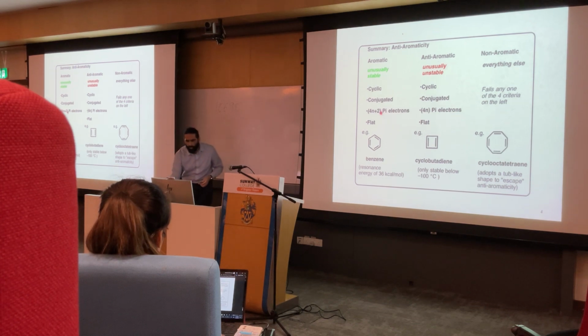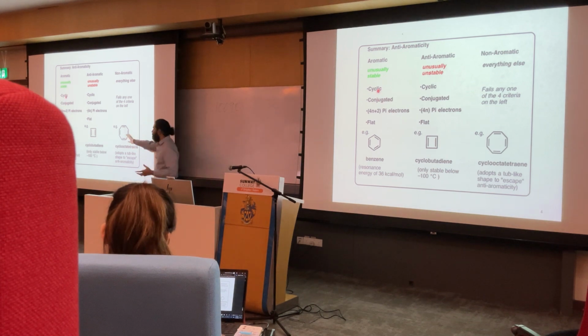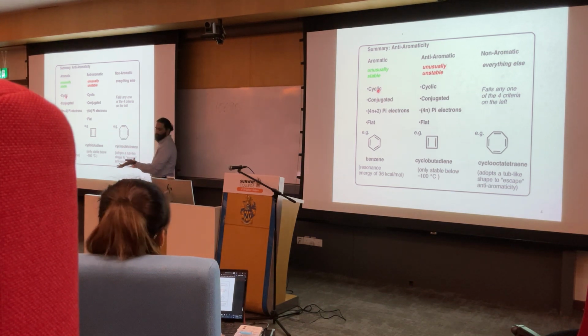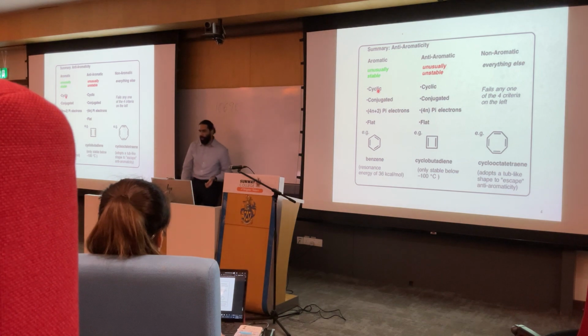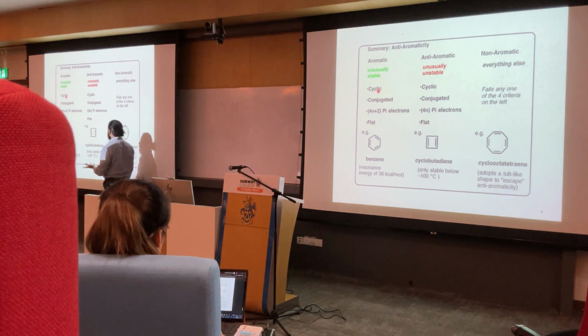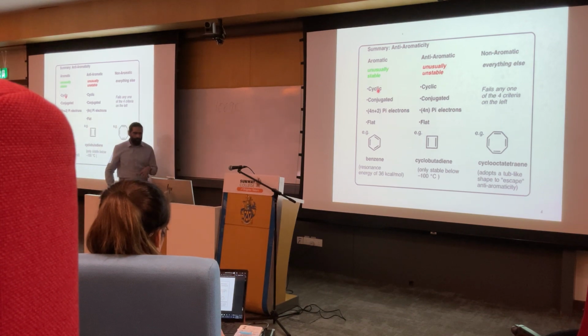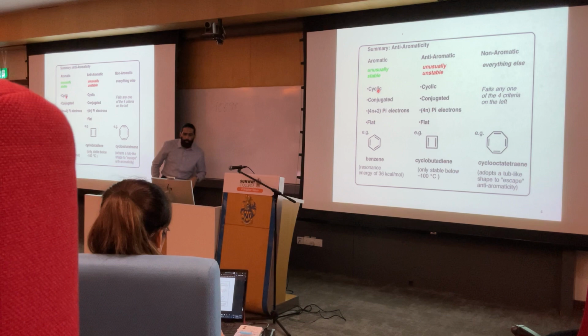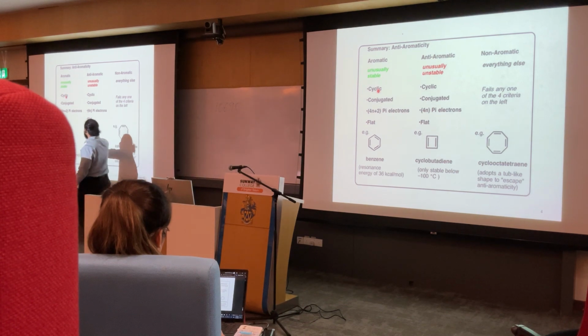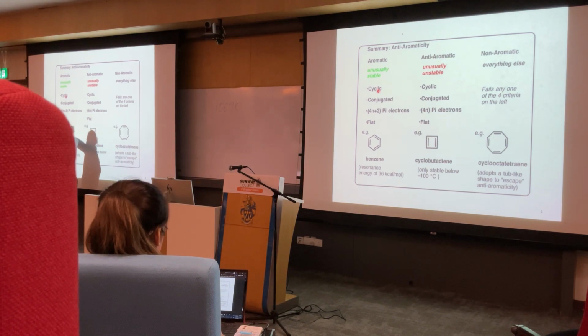Now, cyclic you understand, right? Because it is a closed chain structure. Conjugated, as I said, alternative single and double bonds. Double bond, single bond, double bond, single bond. Alternate, right? 4n plus 2 pi electrons. So how many electrons does the benzene ring have? 2, 4, 6.